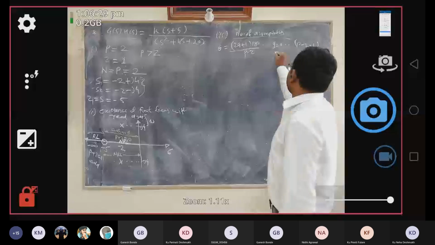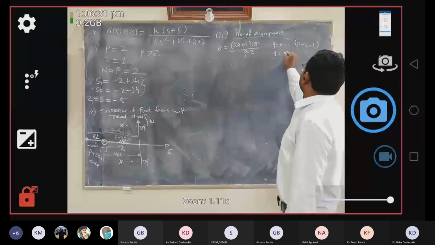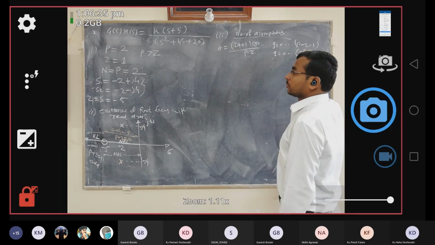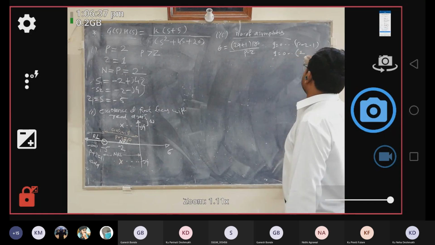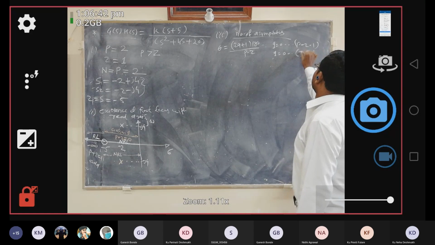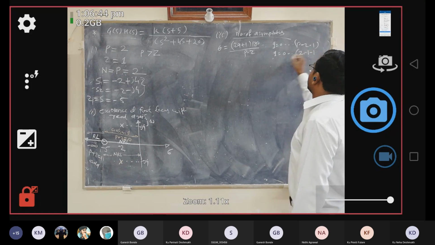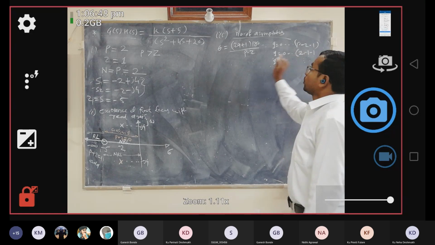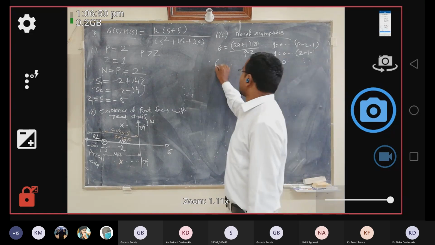So what is the range of q? 0 up to the number of poles, which is 2, minus number of zeros, which is 1, minus 1. So 2 minus 2 is 0. So only q is equal to 0. That means only one angle of asymptotes will be there.